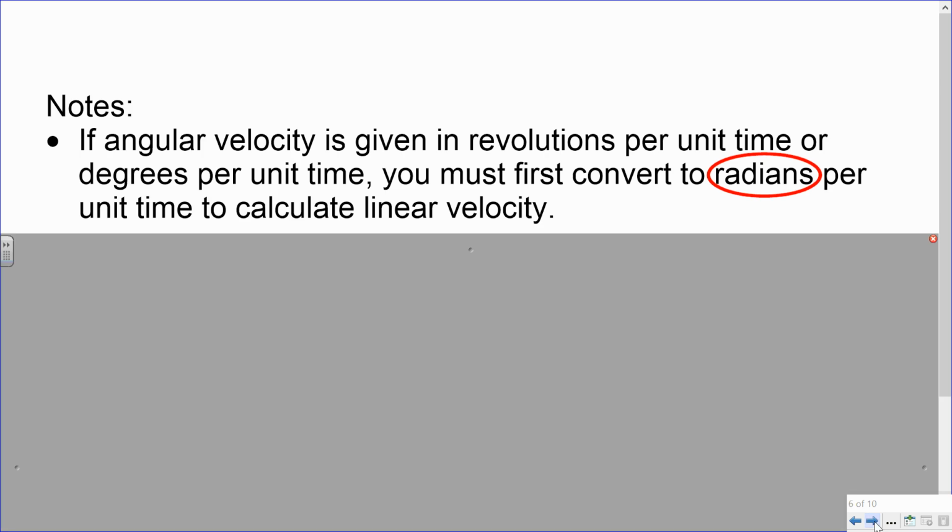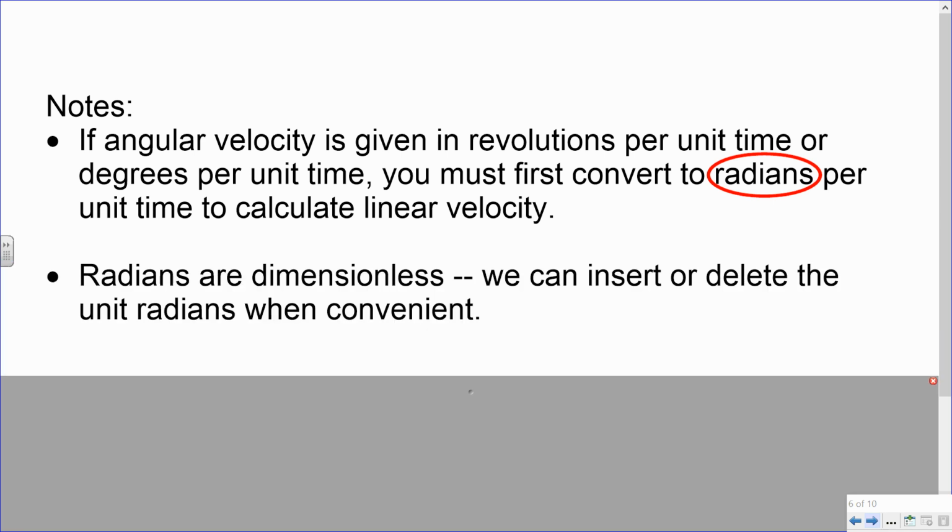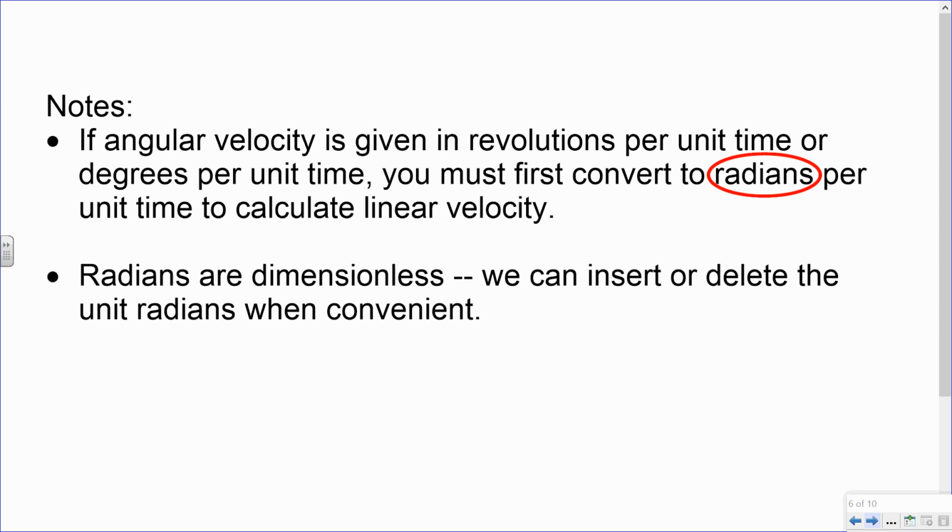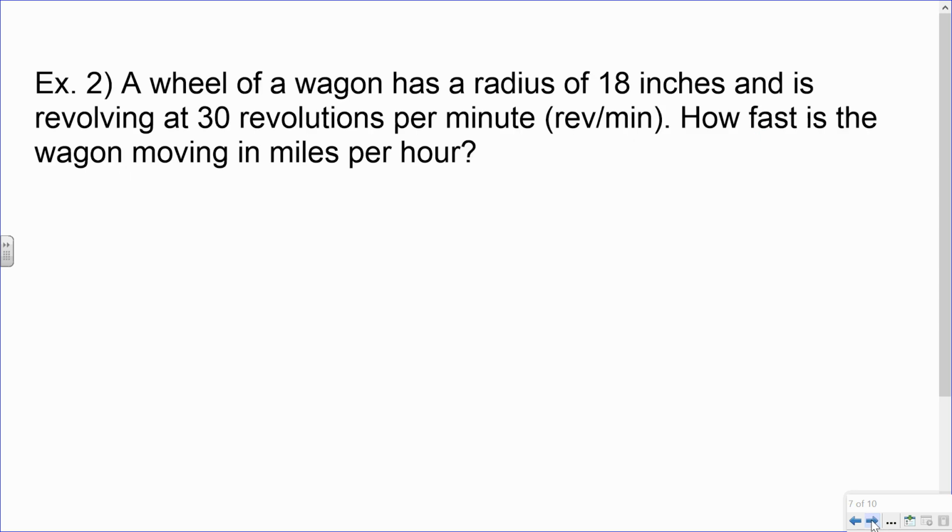Looks like we're good. So this is what I just said. If it's in revolutions or degrees, you've got to convert it, and we can write in or cross out radians as we need to. So let's suppose that we have a wheel, it's got a radius, it's spinning. We are being asked to find how fast the wagon is moving in miles per hour.